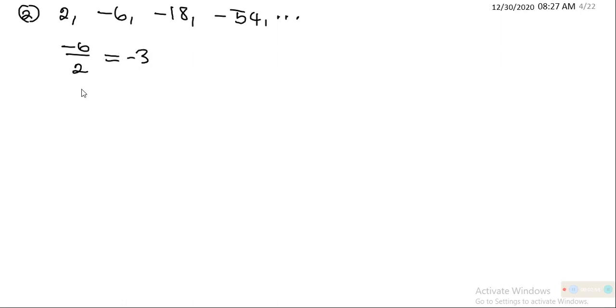Another example: 2, minus 6, 18, minus 54, and so on. So the first term here is 2. If we want to obtain the common ratio, we divide minus 6 by 2, which gives us minus 3.